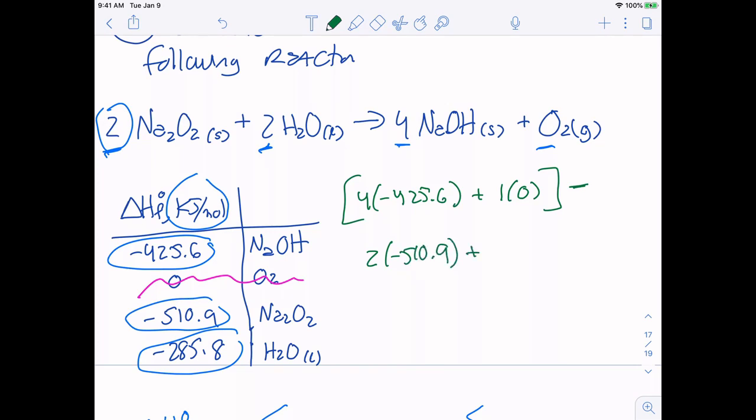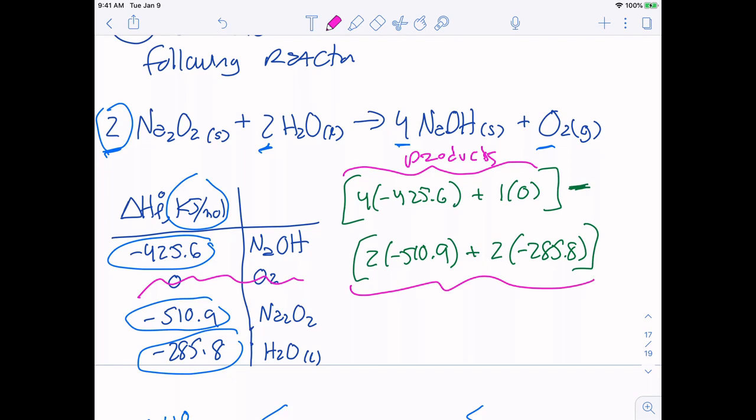And then sum again, so I'm going to add. I have 2 water, so multiplied by its number. And then that goes in brackets also. So the sum for my products, right? This is my products. Minus the sum for my reactants.